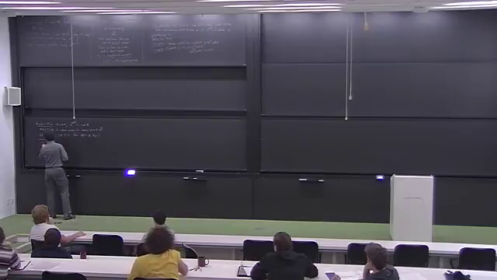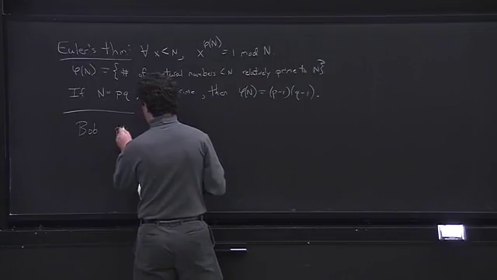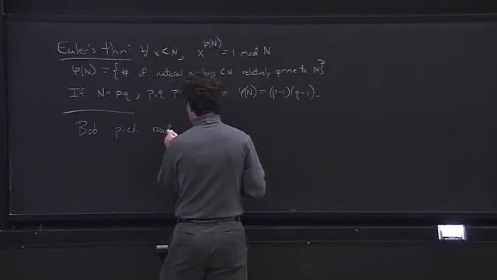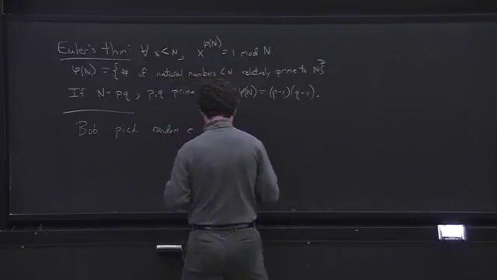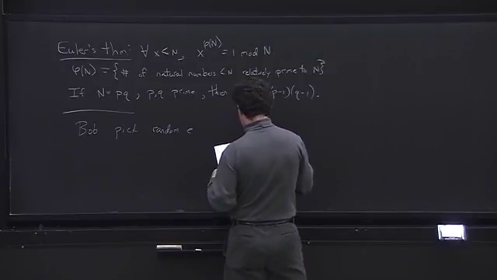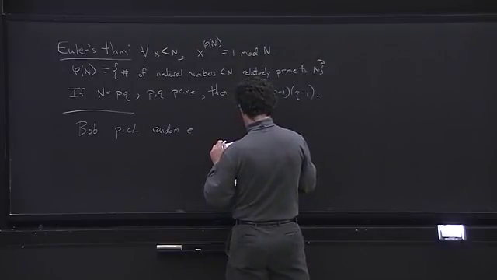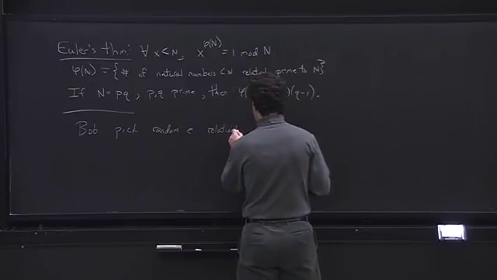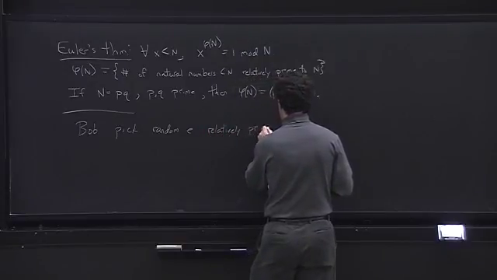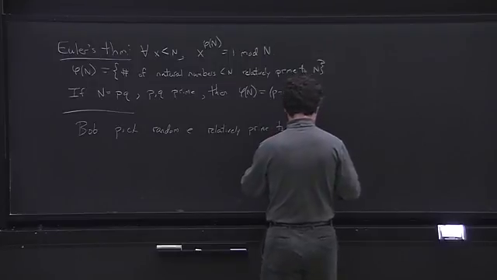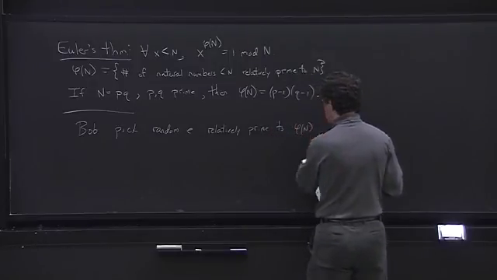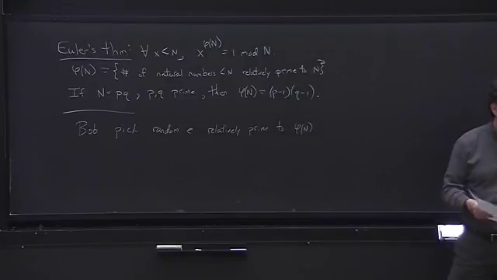Bob is going to pick some random e, although as I said, it should actually not be totally random. There's some guidance for how to do it, but he'll pick some e which is relatively prime to phi of n.